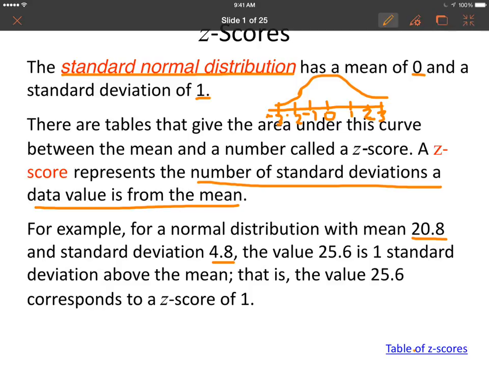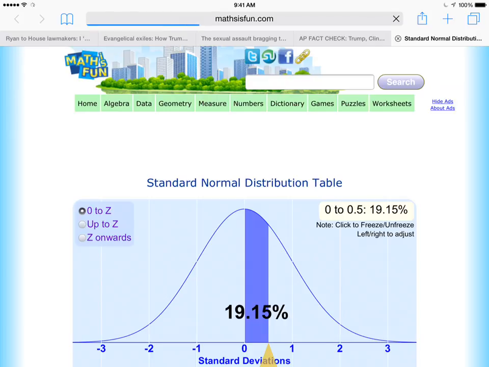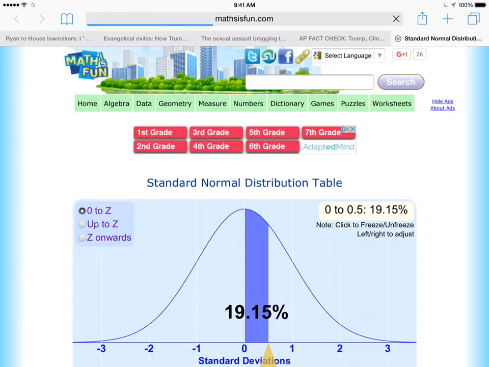So here's an example of a table of z-scores. Okay, so here's a table.